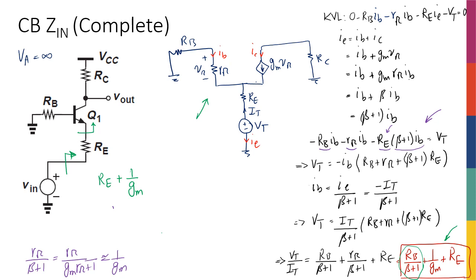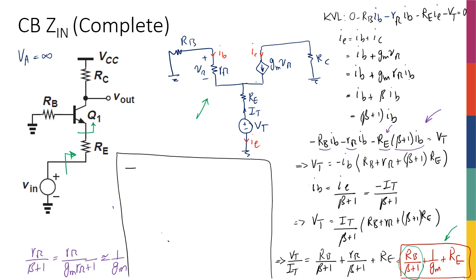So let me actually draw something here. Let me erase this stuff here. Draw a line here. Okay, so if I have an R1 and an R2, and both of them have the same I, I can say that they're in series. So the R total or R equivalent is R1 plus R2.